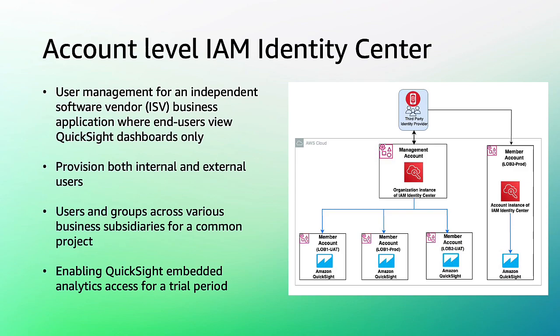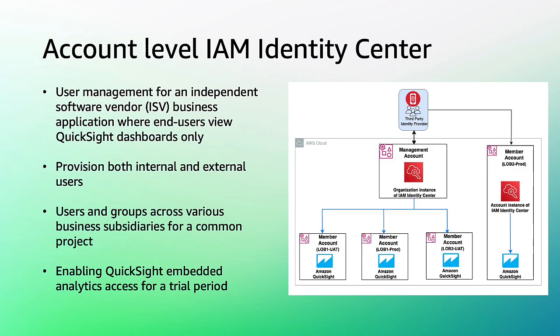You can create an account instance from either a standalone AWS account that is not managed by an organization or a member account in an organization. This is depicted in the slide. Here we are comparing both the organizational instance versus the account instance of IAM Identity Center and how it enables access to QuickSight.